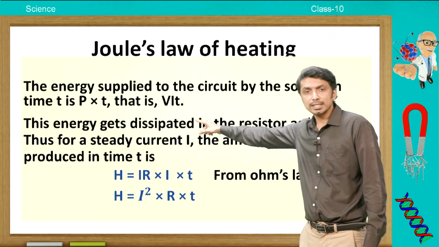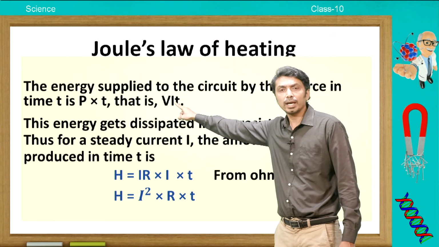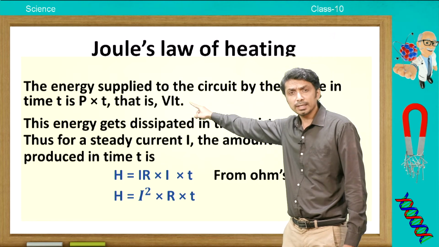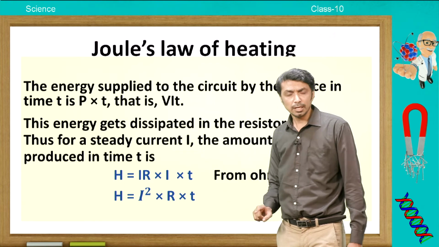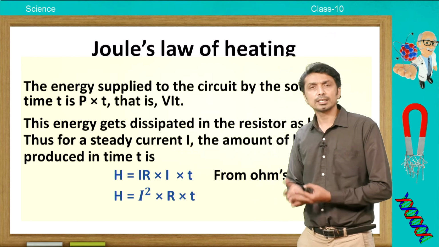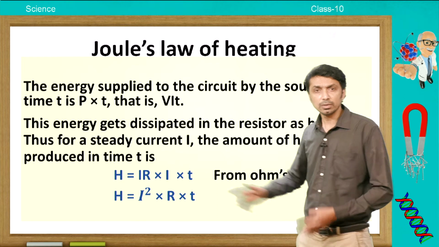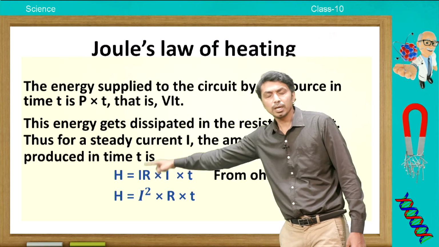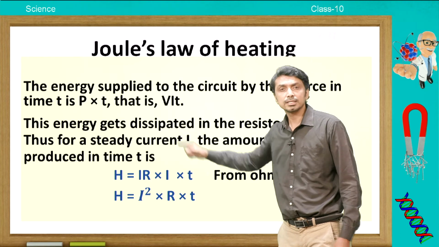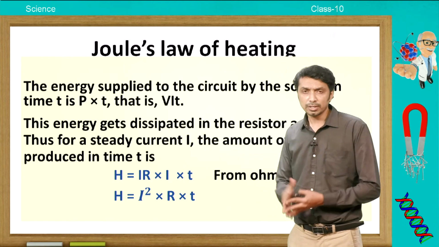So, we can say that V into I into T, that is the total electrical energy, is nothing but the heat energy, because entire electrical energy is getting converted into heat. So, hence the term H. H is the heat energy produced because of the electrical energy supplied to the circuit.